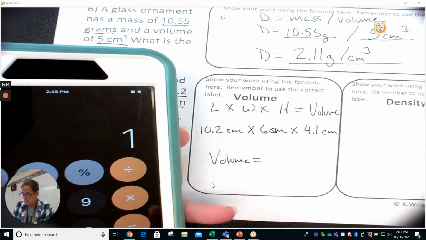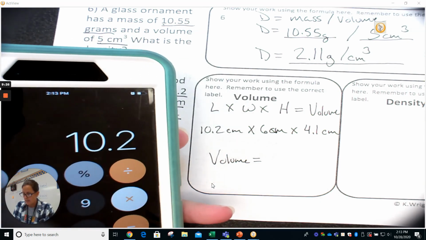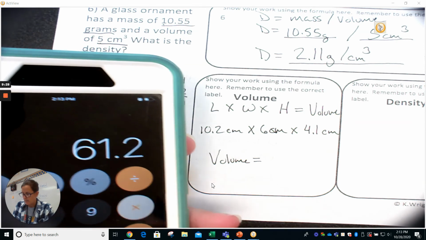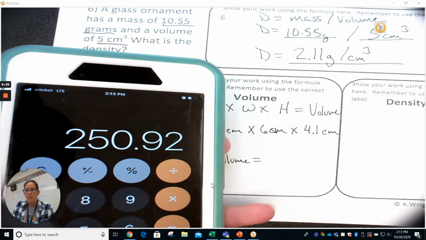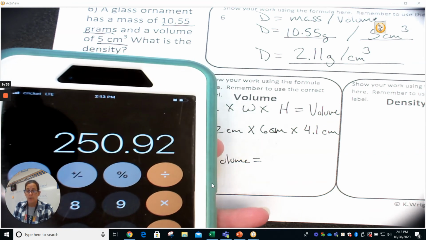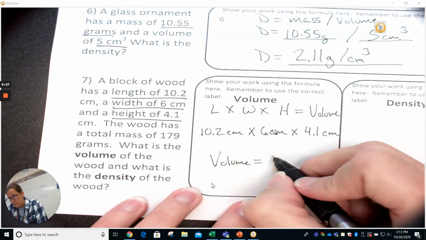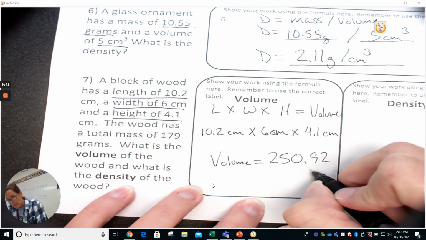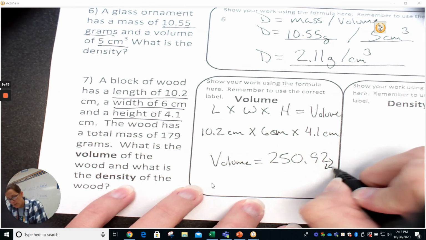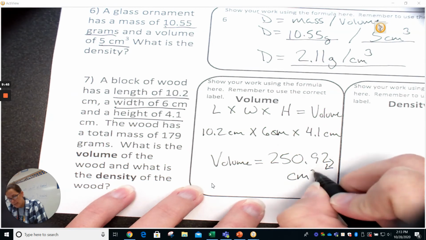So I have 10.2 times 6 times 4.1, 250.92 is our volume. So we've got 250.92, and this unit I'm going to put down here, centimeters cubed.